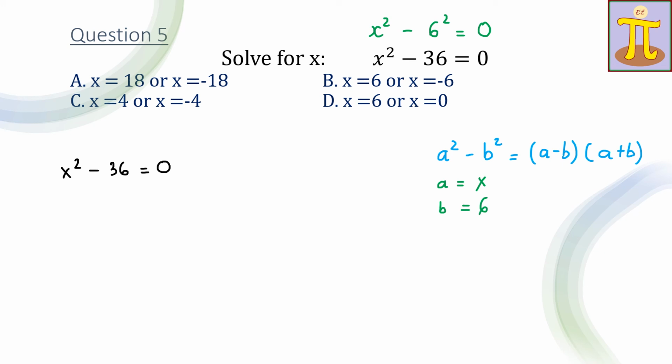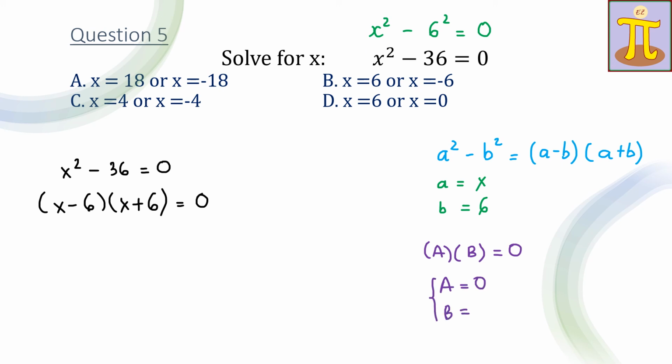Applying that, we will have x minus 6 times x plus 6 equals 0. In previous questions, we said that if we have factor a multiplied by factor b equals 0, then a equals 0 or b equals 0.